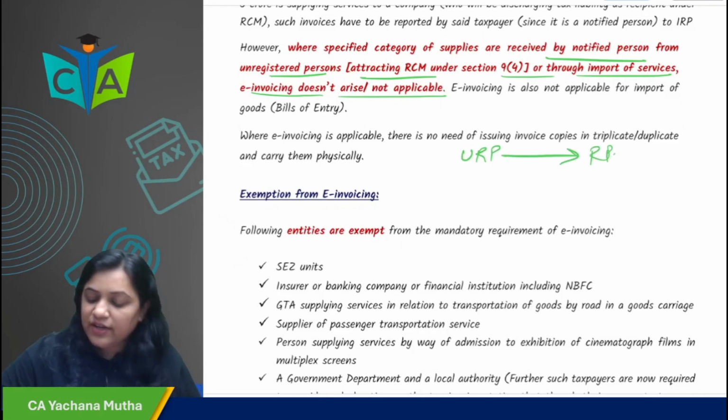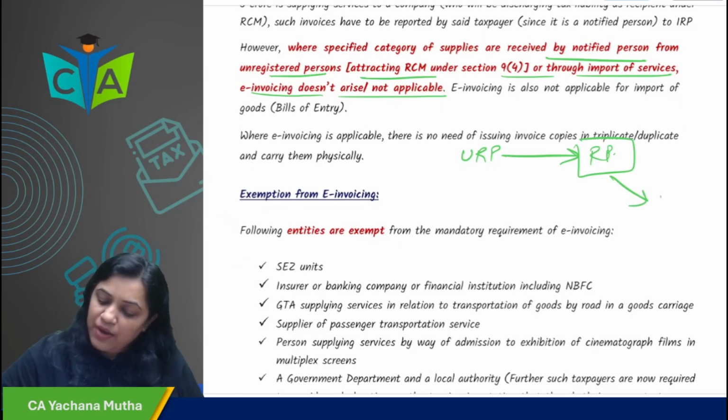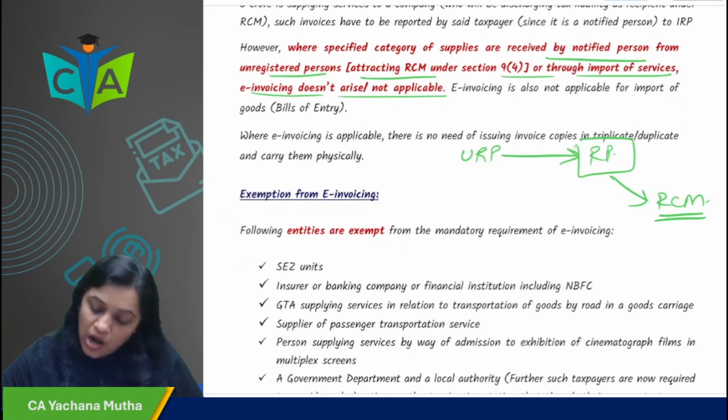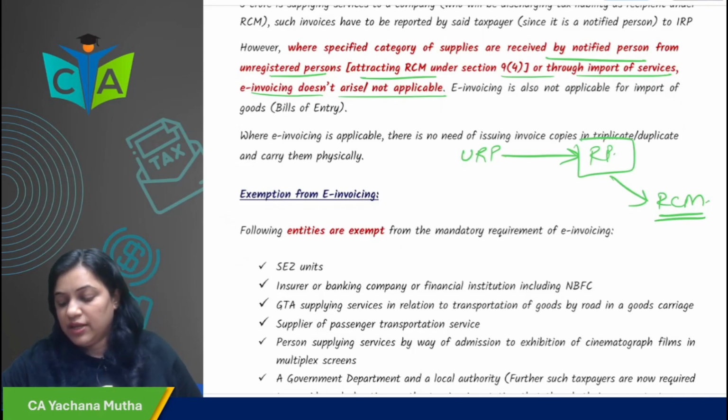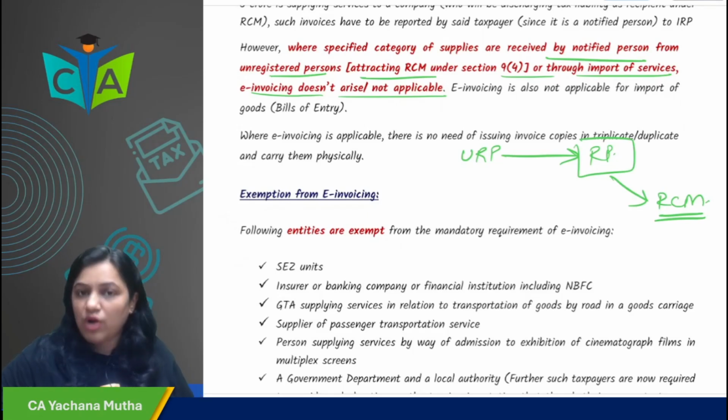Now, you are a specified class of registered person receiving supplies from an unregistered person. The tax is required to be paid by you under RCM under 9(4). However, e-invoicing is not applicable. Why is e-invoicing not applicable? Because this is your inward supply, not your outward supply.